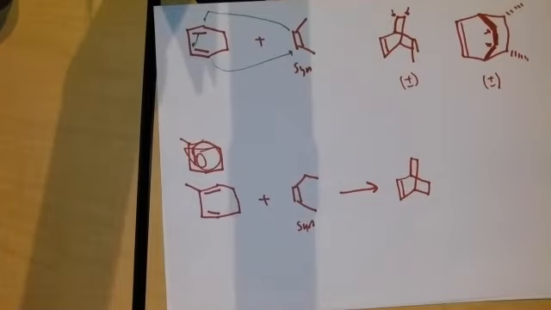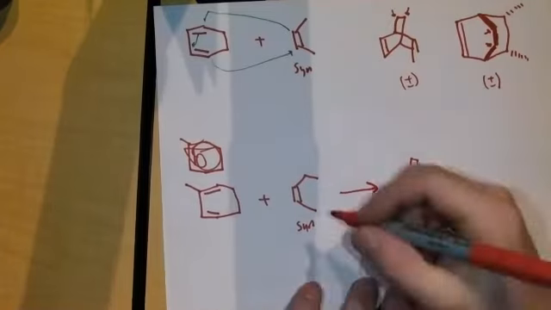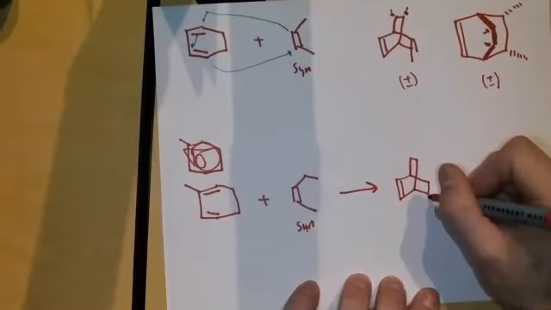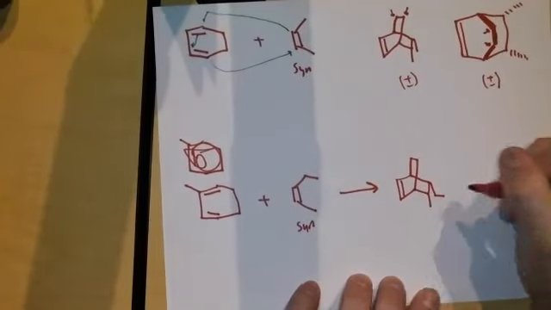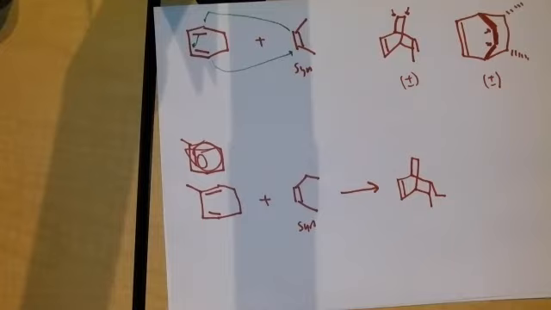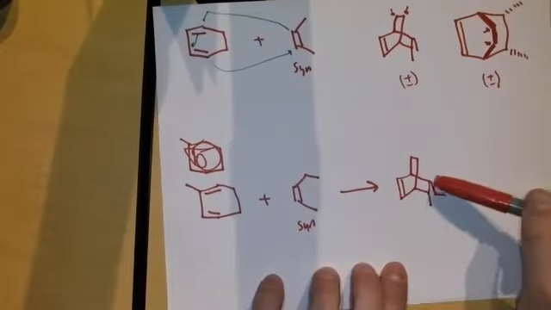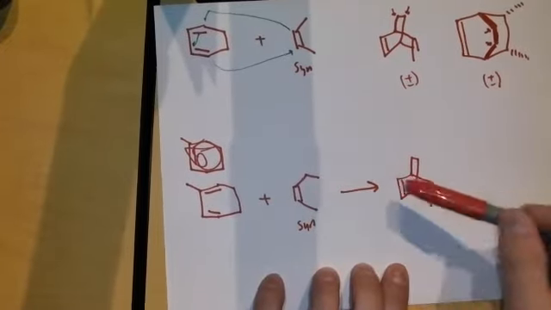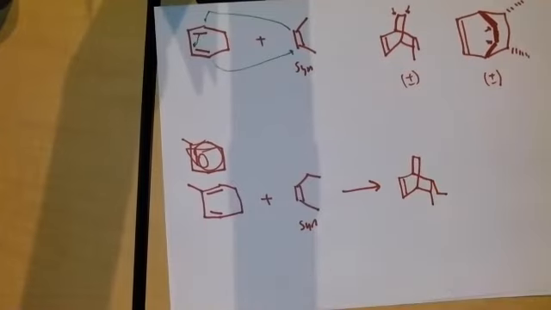They are syn to each other, and we're going to want them both to be pointing in the down direction. So I'm going to draw the ethyl off of this top carbon, the methyl off of the bottom one. Like before, because these are both asymmetric, they can also be rotated.